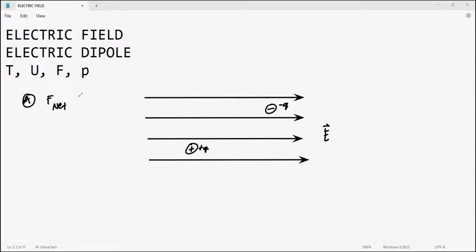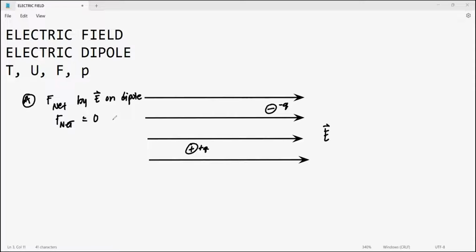So F net by E on the dipole. As we said a while ago, by definition, because you've got a uniform electric field, the forces on the two charges must be equal and opposite. If that's the case, then the total force on the dipole by the electric field must be zero.